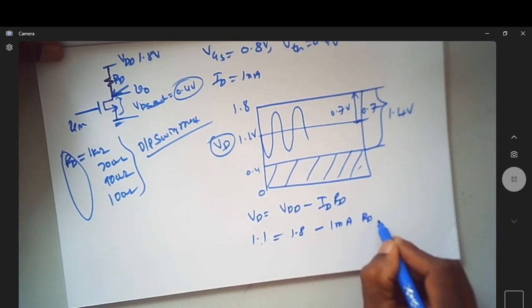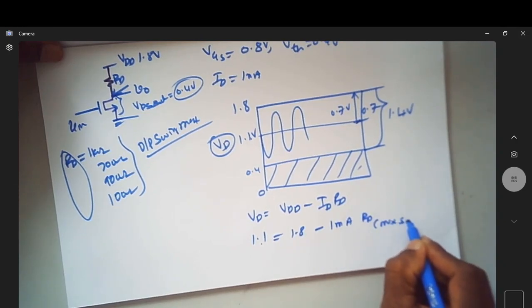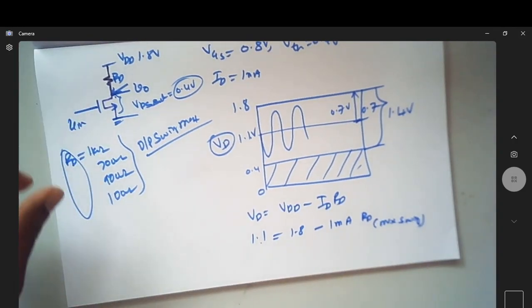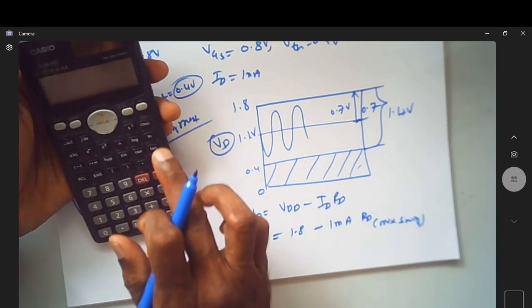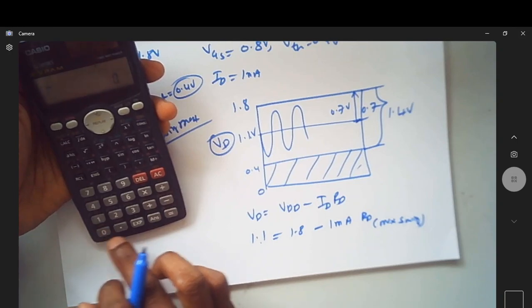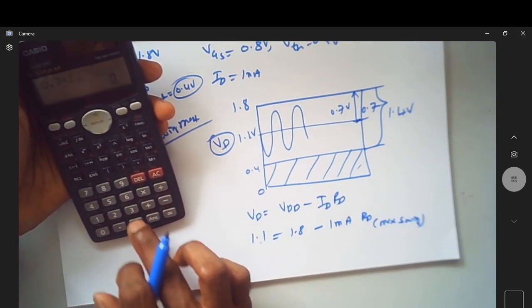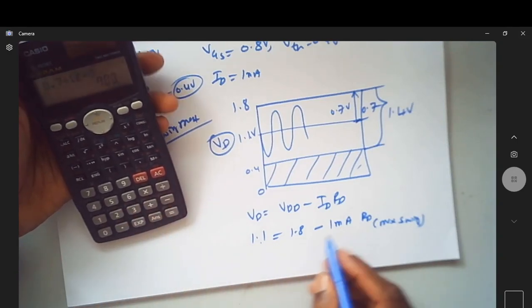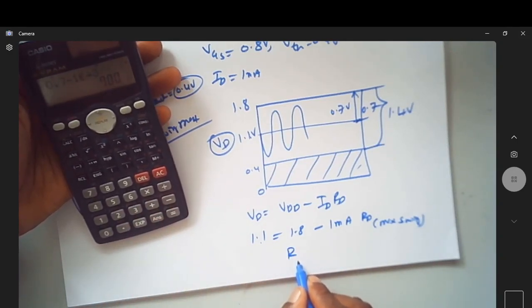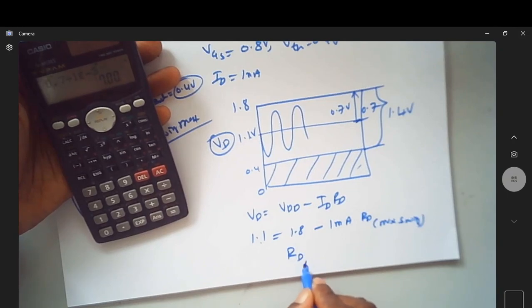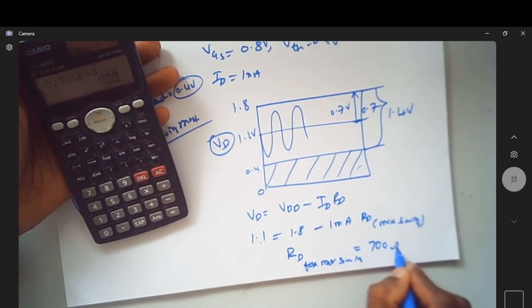So RD for the maximum swing possible for the output is 0.7 divided by 1 times 10 to the power minus 3. It's actually 700 ohm. So RD for maximum swing is 700 ohm.